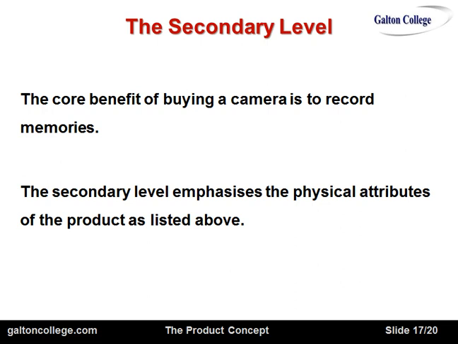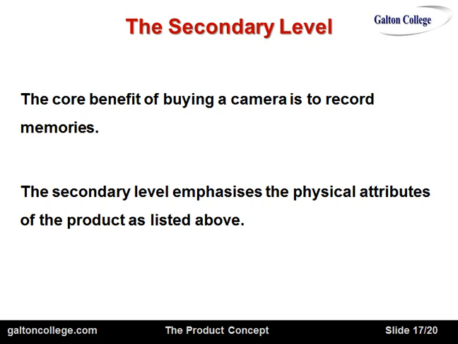The core benefit of buying a camera is to record memories. That's why the camera was purchased. The secondary level emphasizes the physical attributes of the product as listed on the previous slide. So in other words, the core gives benefit. It's nothing to do with the physical entity. The core benefit is satisfying the need, I should say, to record images.